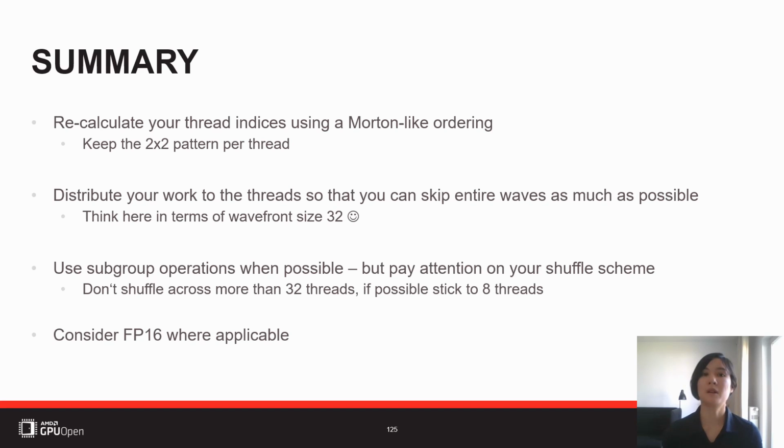Then distribute your work to the threads in such a way that active threads are grouped together, because you can potentially skip entire wavefronts or the lower and upper parts of a wavefront if you're running in wave64 mode. Subgroup operations are a good thing. Subgroup or wave operations are for specific cases, of course, but if you can, you really should consider using them. The same holds for FP16.